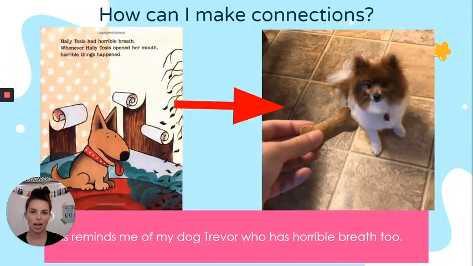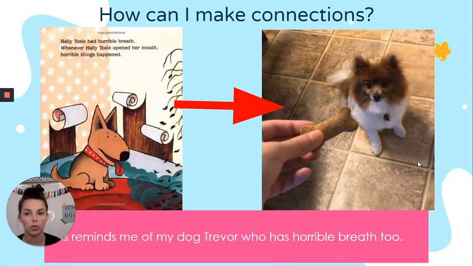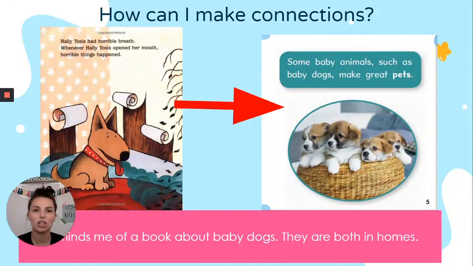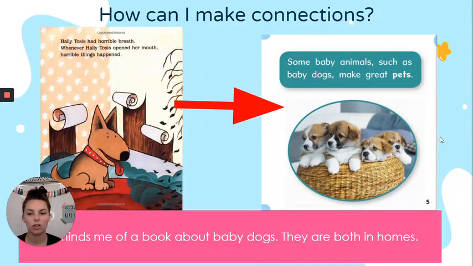So yesterday I talked about how I made a connection to this book. I said, this reminds me of my dog Trevor, who has horrible breath too. They were the same. It was a connection. Now I'm going to use this part of the book and make a connection to another book I've read. This was a book about baby animals, and on this page it talked about baby dogs and how they make great pets. So I can make connections by saying they're both pets, right?